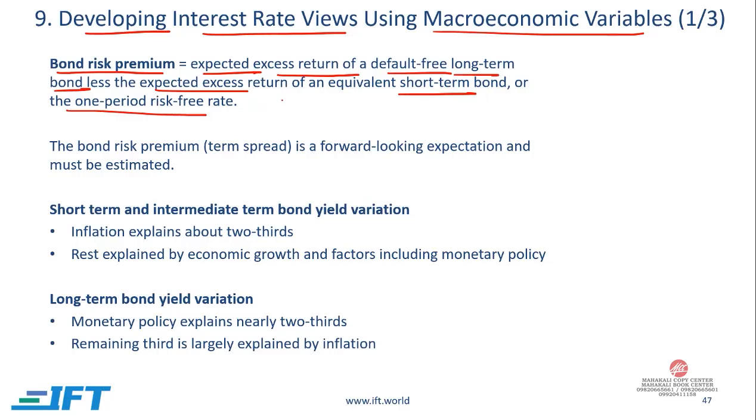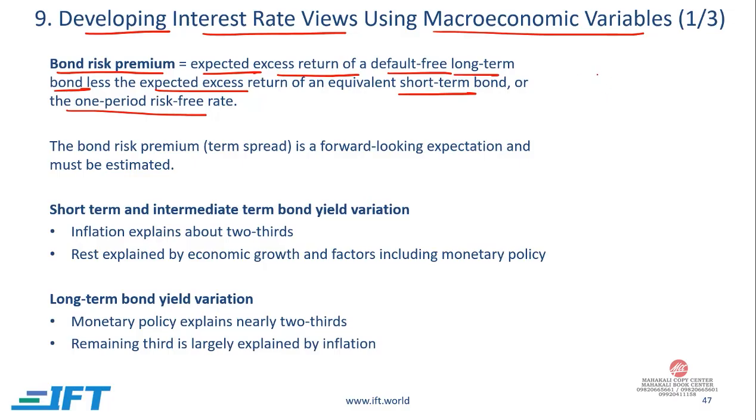Now notice in this whole reading, we are focused on risk-free bonds. So this bond risk premium is also the extra return of a longer-term bond above a short-term bond or above a one-period risk-free rate. The other aspects of risk, like credit risk or a premium related to liquidity, are related to corporate bonds, bonds that have default risk, but we are not talking about those bonds over here.